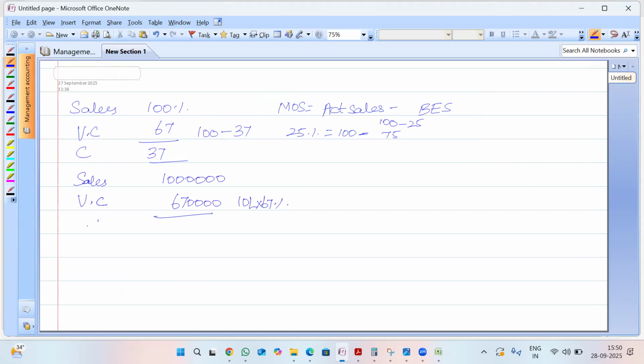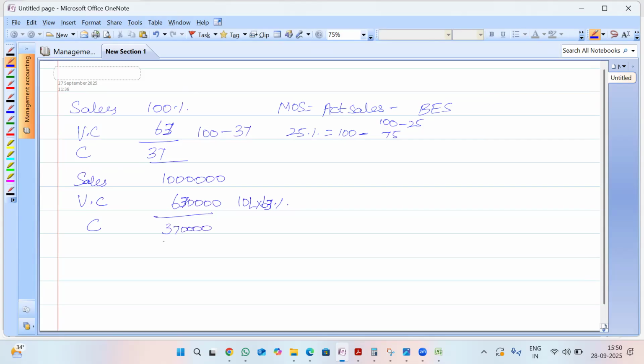So my contribution will be, sorry, here variable cost is 63 percentage. So if I am reducing 37, I will be getting 63 percentage. So 6 lakh 30,000 will come. So my contribution will be 3 lakh 70,000.